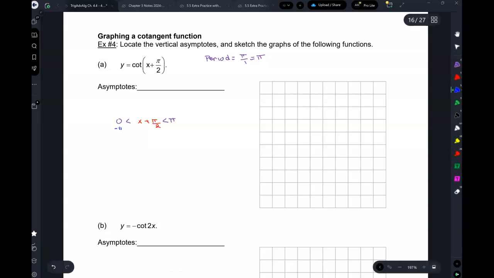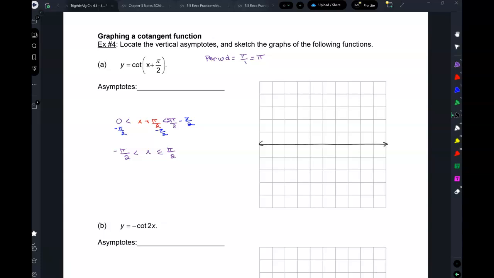Minus pi over 2 from everywhere. So here I get negative pi over 2, x, pi minus pi over 2, right? So if you multiply this by 2 and 2, this will be pi over 2. So here we go. Okay, so the asymptotes are x equals plus or minus pi over 2.